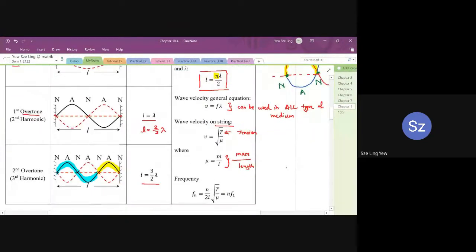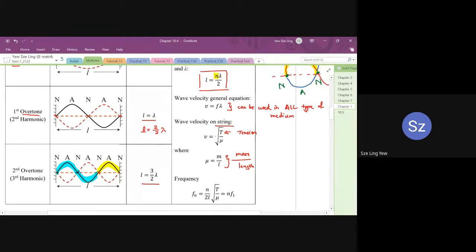So the velocity inside a string depends on the tension, the force that you apply, and the property of the string, its mass and length. It makes sense because now you're focusing on what happens inside a string only. So v is equal to the square root of T over mu, and mu can be calculated using M over L.